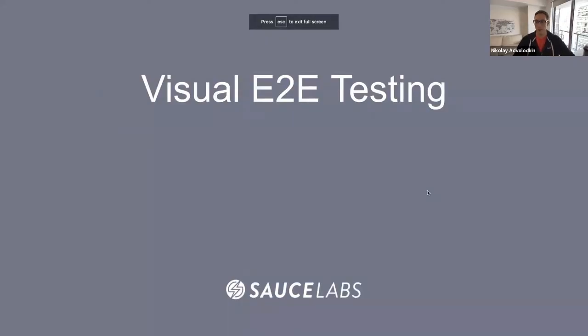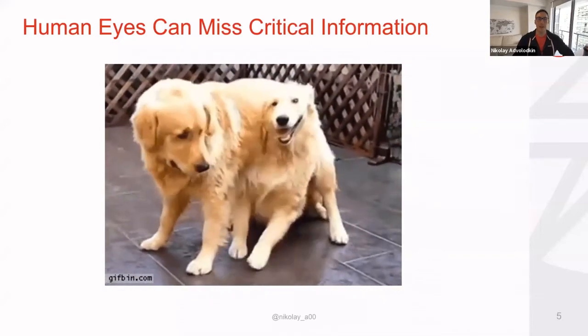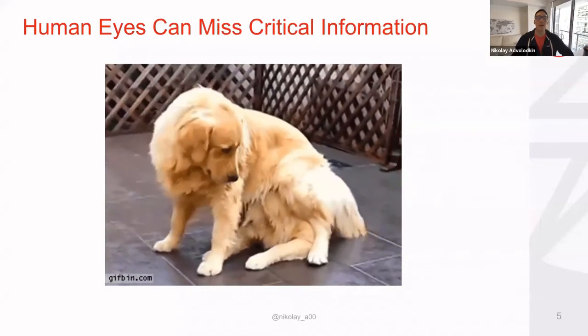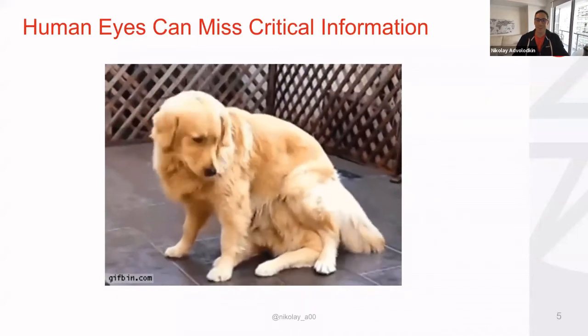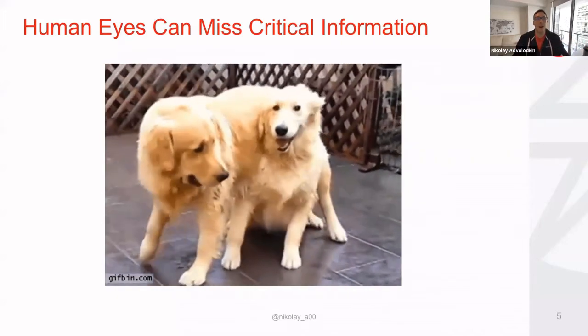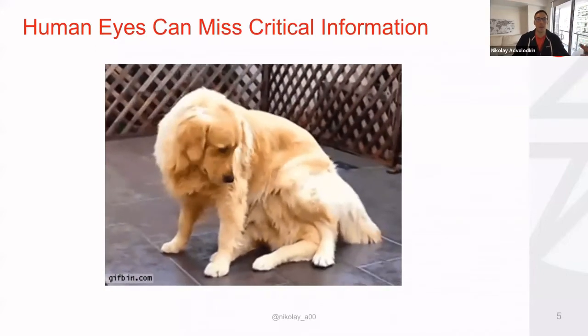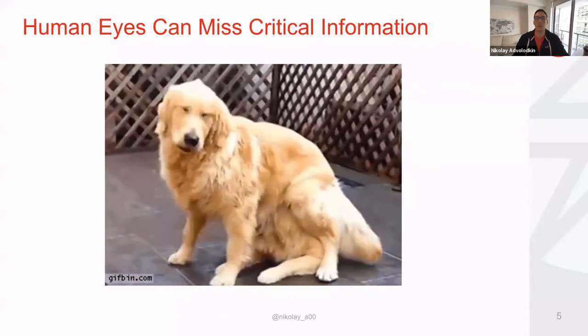So visual end-to-end testing is based around the idea that human eyes can miss critical information, right? We go into a testing process searching for one thing while potentially not seeing other things.